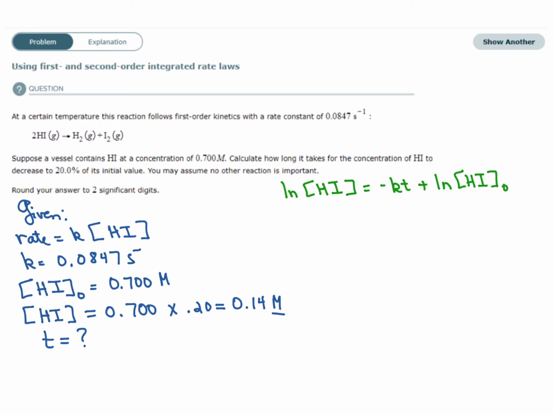Okay, I got a nice clean equation. Now I'm going to plug in some numbers. I'm going to clean it up a little bit.